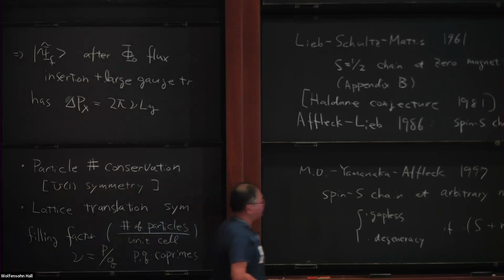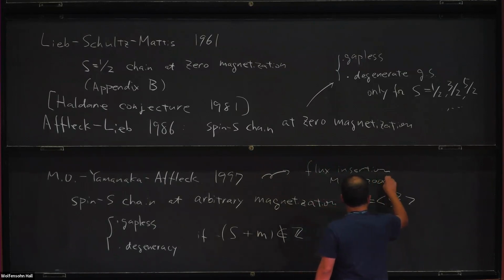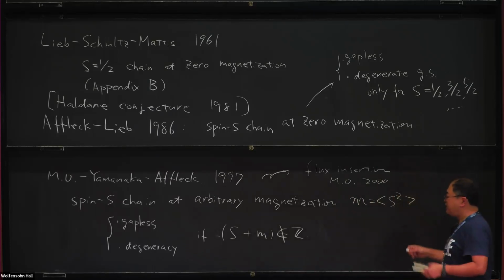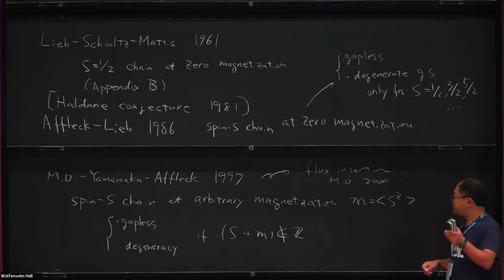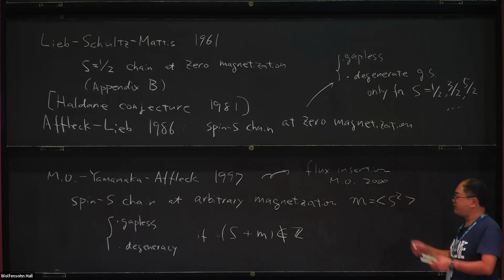So then, okay, I shouldn't spend too much time on this history stuff, but then this flux insertion, and then more recently there are many generalizations as we already discussed, like generalization in the presence of crystal symmetries and discrete symmetry and so on, so on.